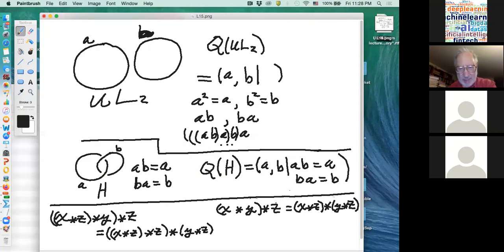But x times z is just x. So you see, this tells me that if I have something which is not left associated, then I can turn it into something that's left associated by rewriting it.